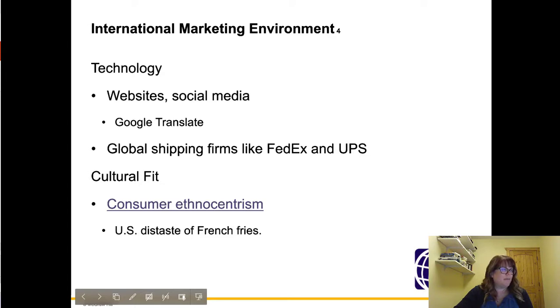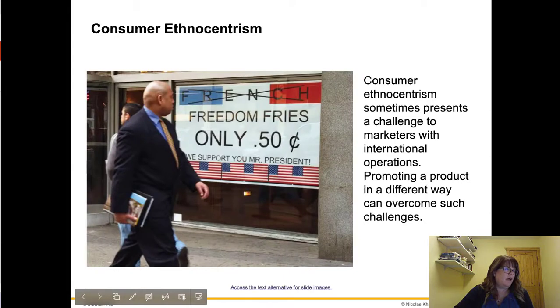Global shipping firms like FedEx and UPS enable small manufacturers to ship their products to customers around the world. Consumer ethnocentrism sometimes presents a challenge to marketers in international operations. Promoting a product in a different way can overcome such challenges.